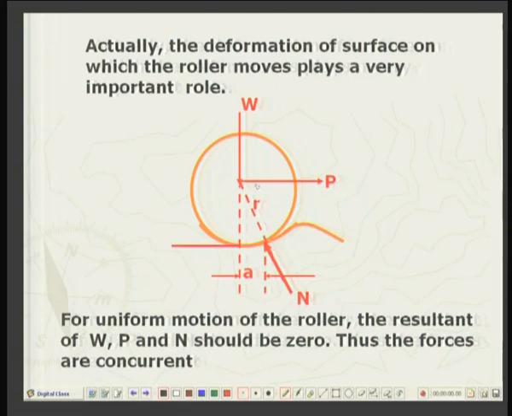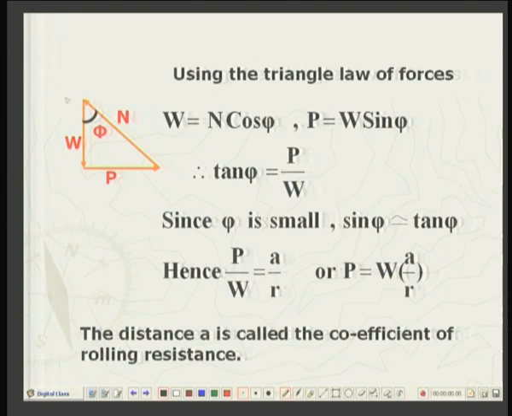So, now let us see, if all the 3 forces P, W and N pass through the center, then the body will be in equilibrium, and then we can use the triangle law of forces to examine the equilibrium of concurrent forces. So this is exactly what we have done. There is a normal reaction N, the pulling force P and the weight W.